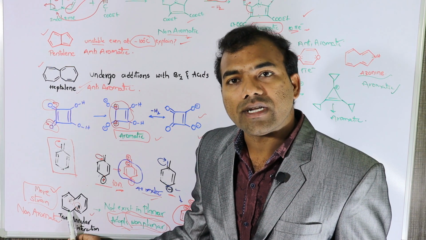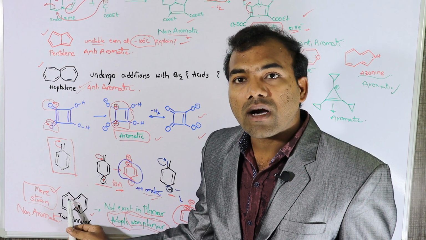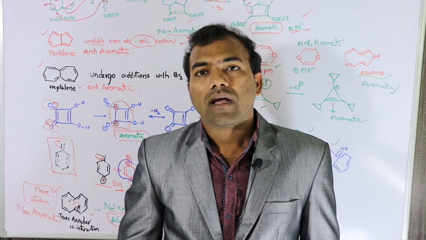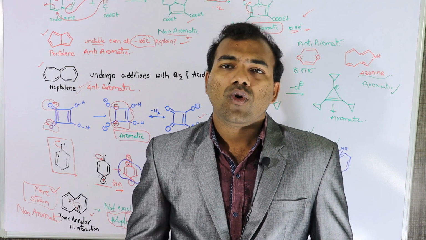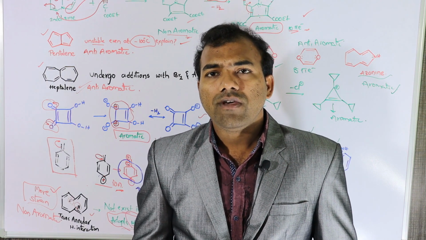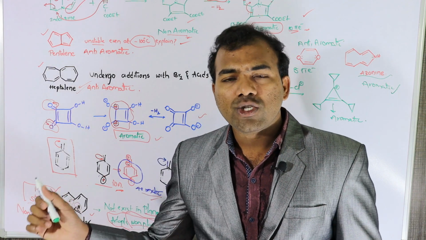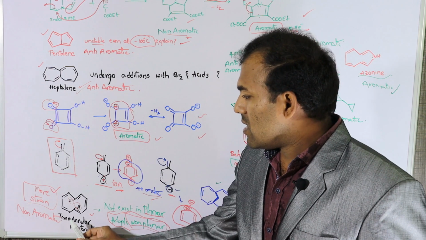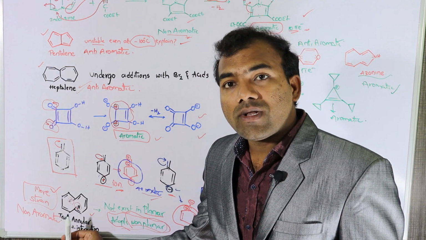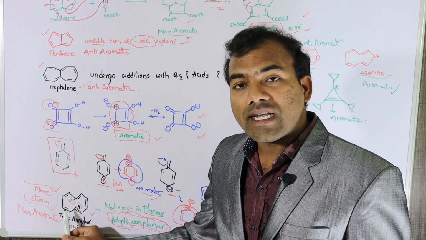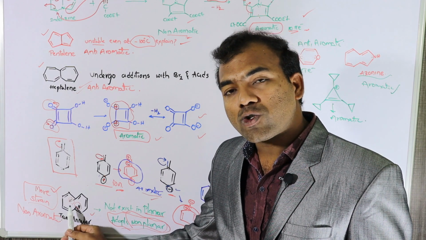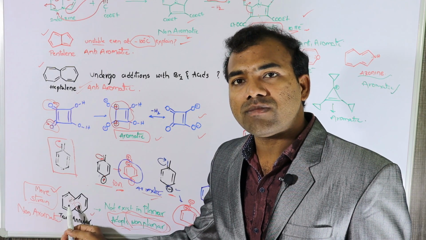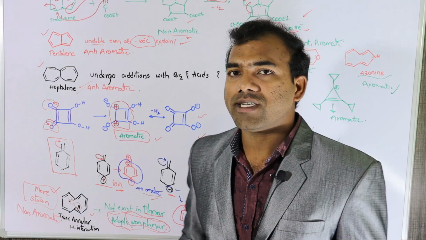So here we have 10 carbon atoms in this structure. So it is a 10 annulene and a non-aromatic compound. So what should we do? If we remove these 2 hydrogen atoms in the ring, then what will happen? We already said that there is a strong steric hindrance between those two transannular hydrogen atoms. So if we remove those two hydrogen atoms, ultimately it will turn into a stable compound.